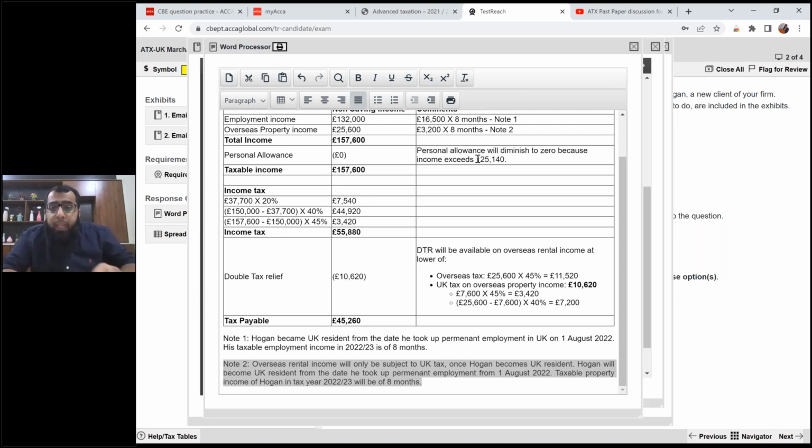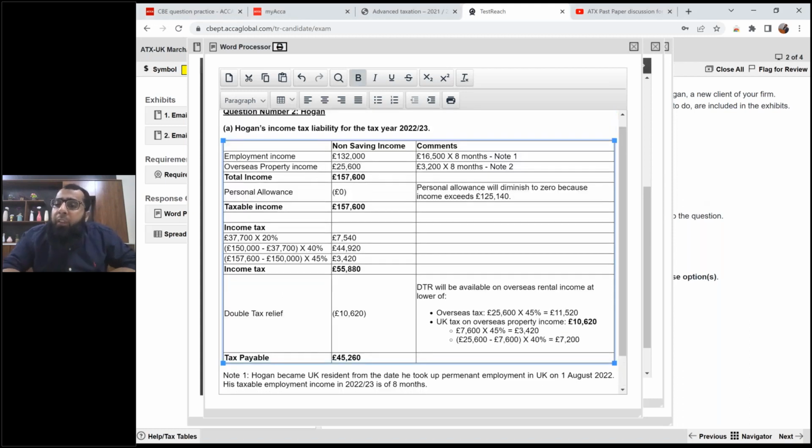Now, one student is asking, sir, is it necessary to put the pound sign? It is not necessary. If you add a pound sign, it is good. If you forget about it, there is no issue in it. Number two, if you add the pound sign on the top of the table, then it is not required that you add it in every point.